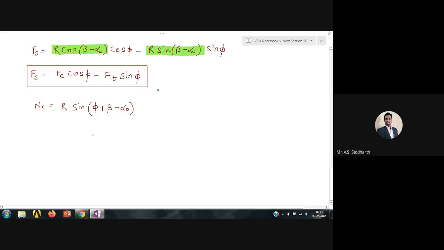Now what I will do, I will take A as phi and B as beta minus alpha naught, and I will use the formula sin(A plus B). So what is it?